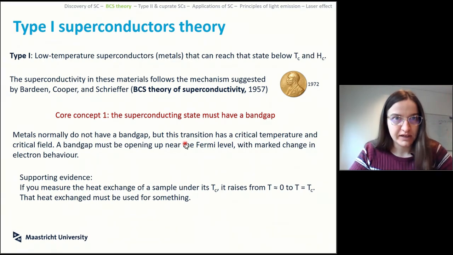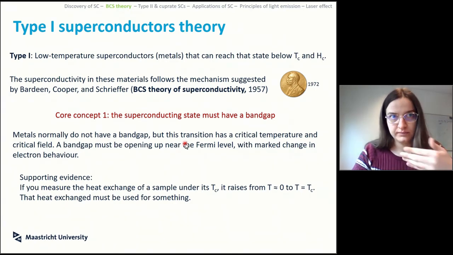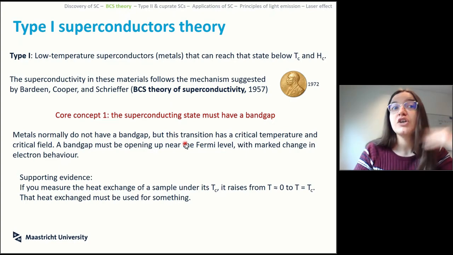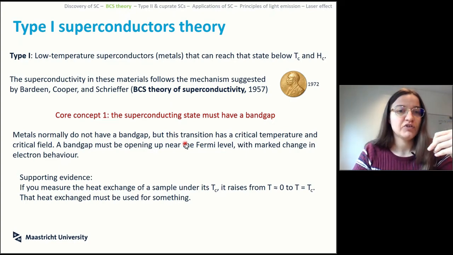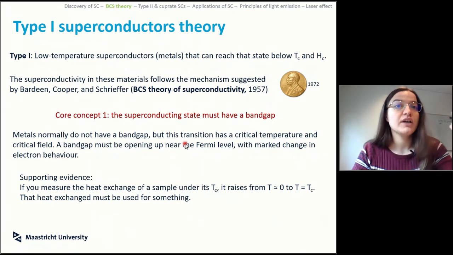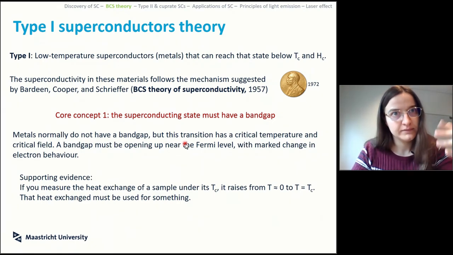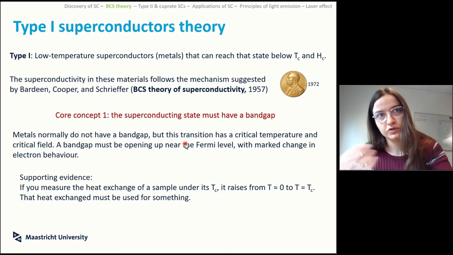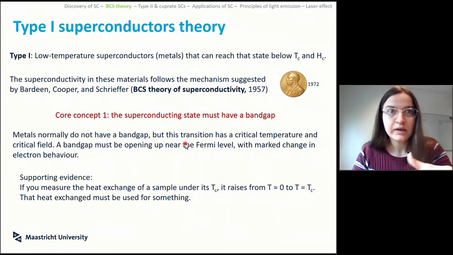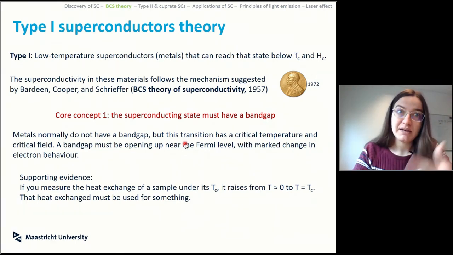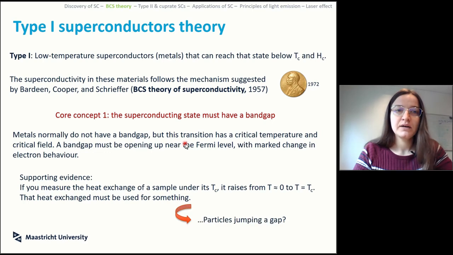This exponential increase in heat capacity means that all the thermal energy as you approach the gap is being used to bridge that gap. As the temperature increases, you have an exponential number of particles that can actually go through that gap and bridge it to go to whichever other state. So there must be a band gap, and the band gap is proven.